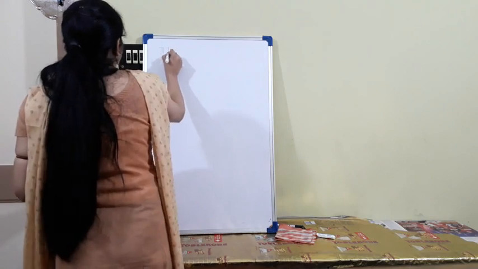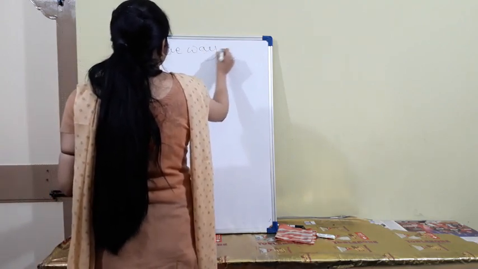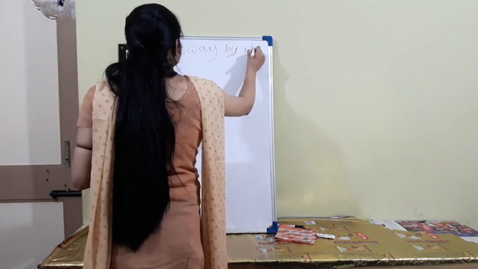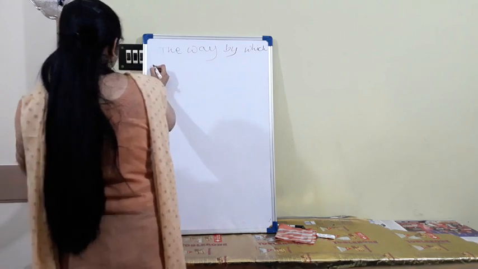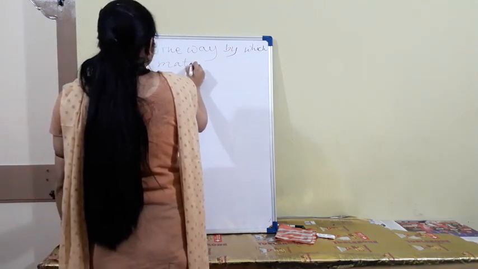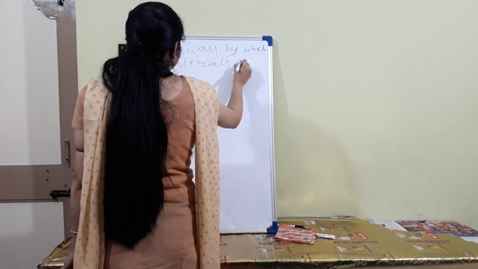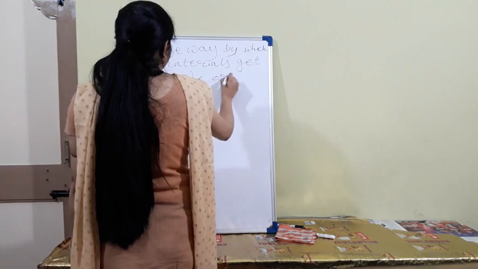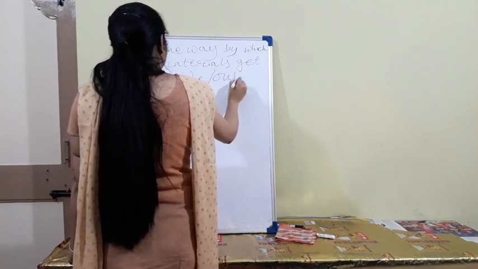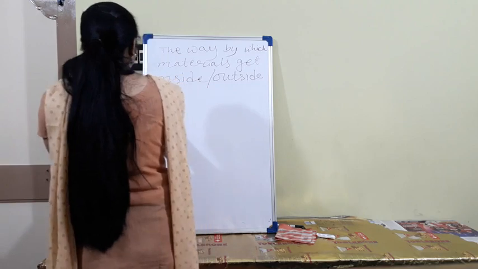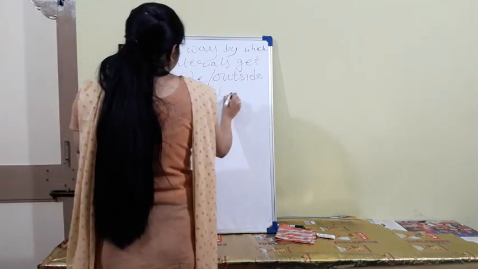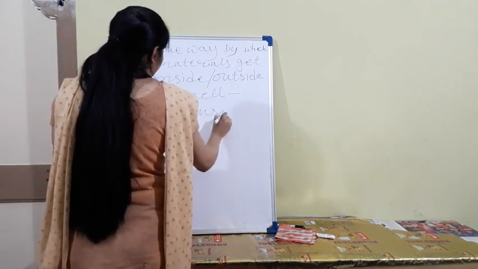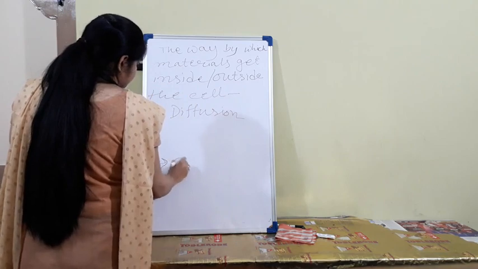So, the ways by which materials get inside or outside the cell: there are two ways. First one, diffusion. Another one, osmosis.